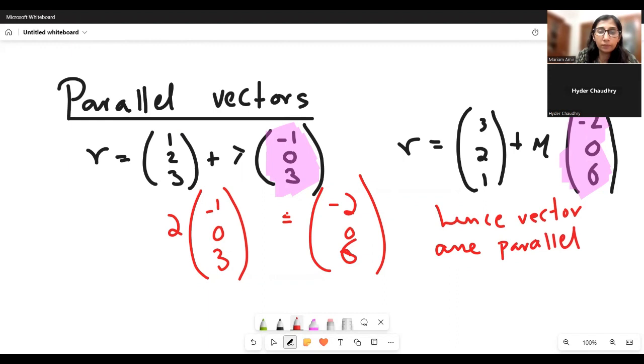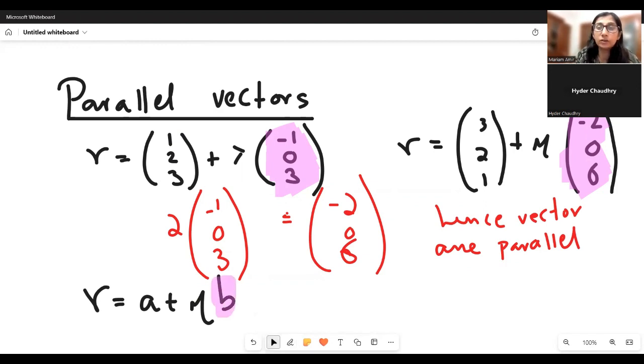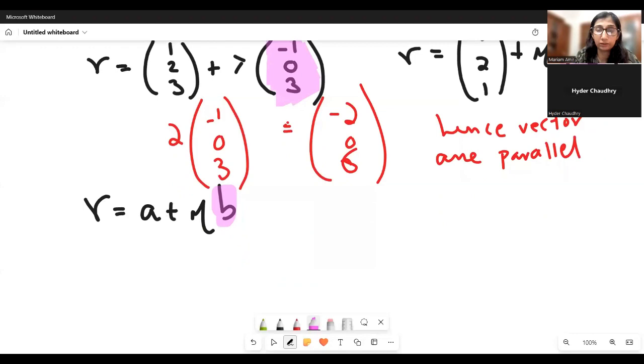Remember from the equation r equals a plus tb, or let's call it mu b, this is actually a vector parallel to the other vector. So let's say this is a vector, then that vector b would be parallel to this vector.